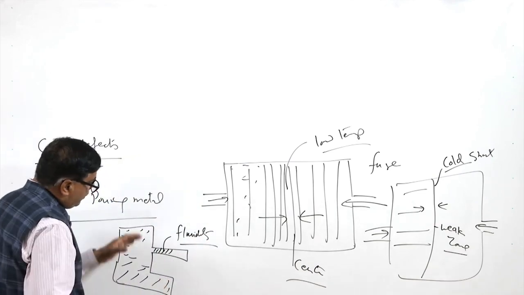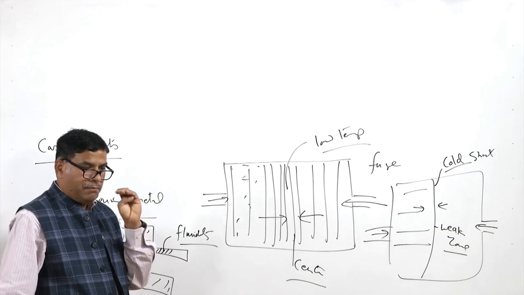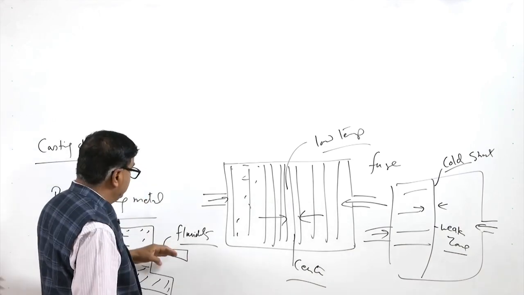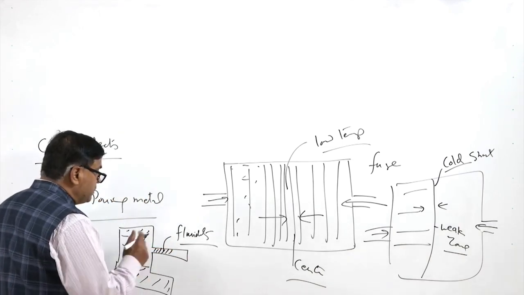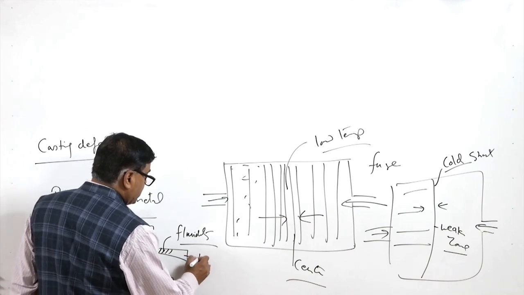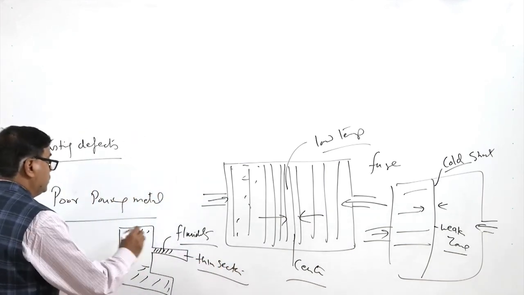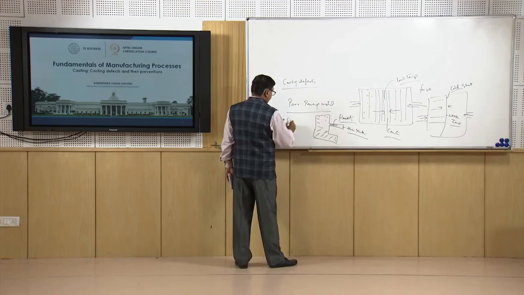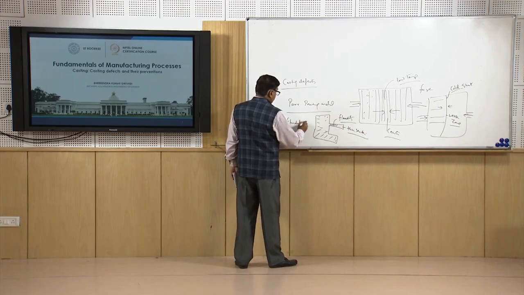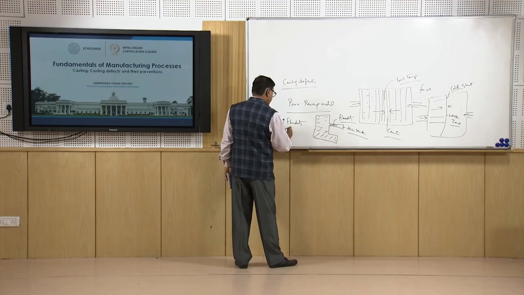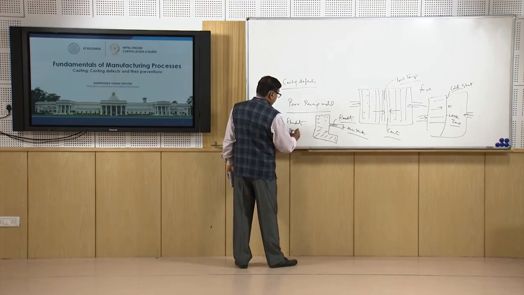When all the spaces of the mold cavity are not filled by the molten metal due to the limited fluidity, especially in the thin sections. To deal with this issue, we need to improve the fluidity and increase the pouring temperature.